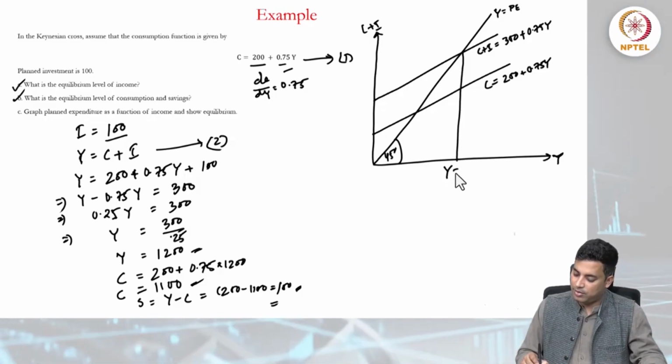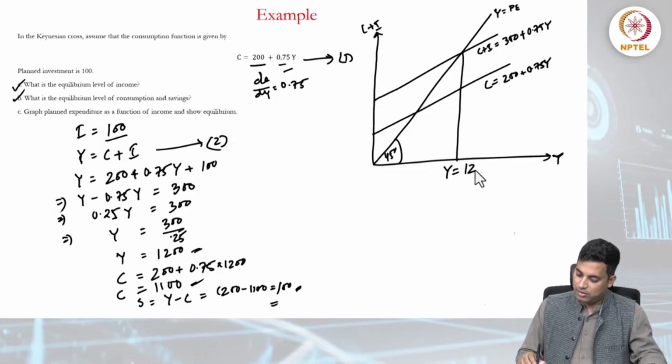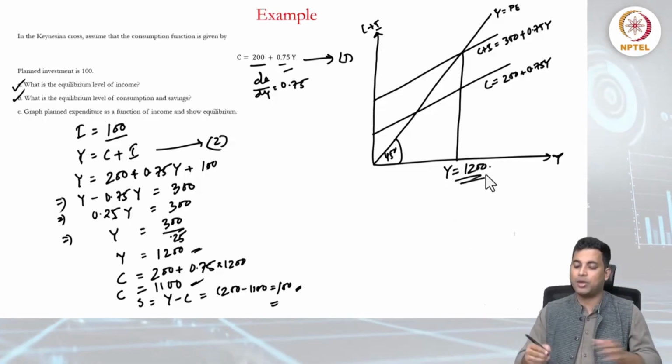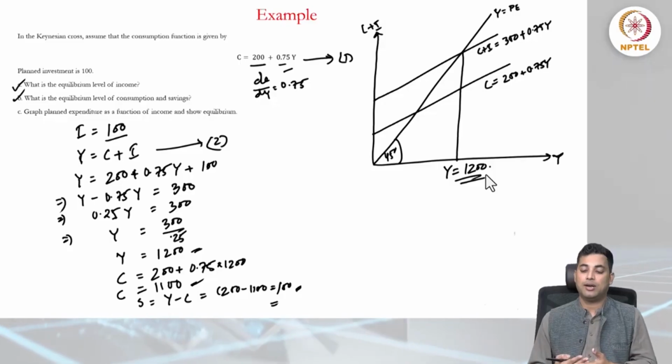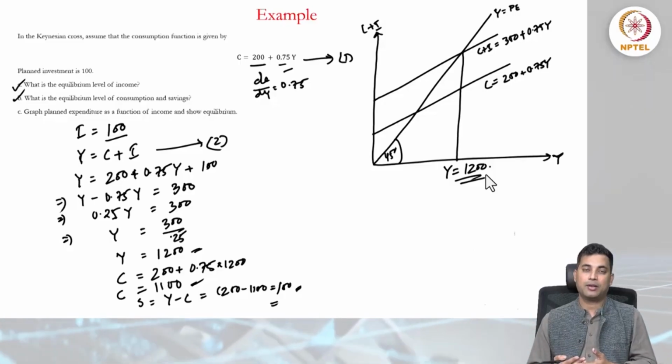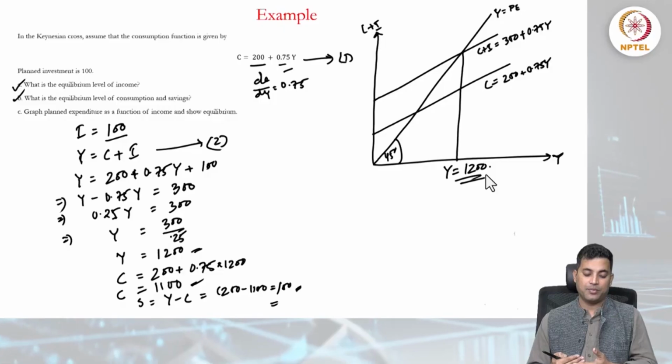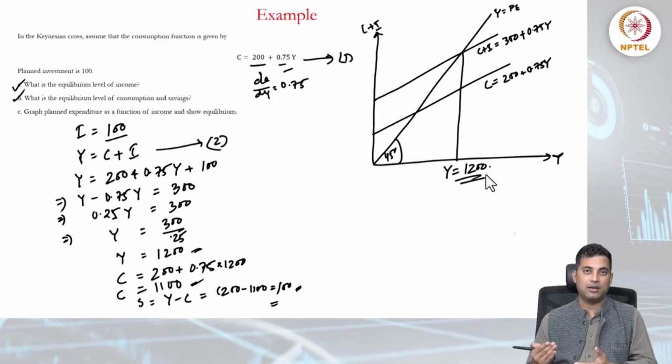This is how we can graphically show how it changes when the values of C and I are given.